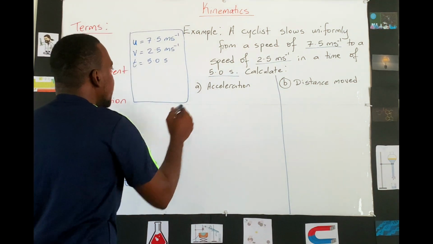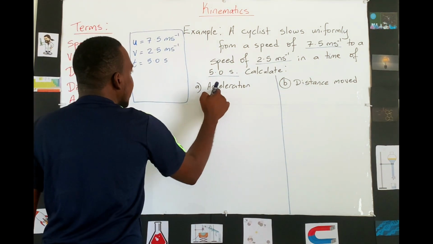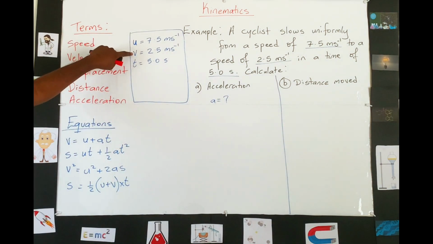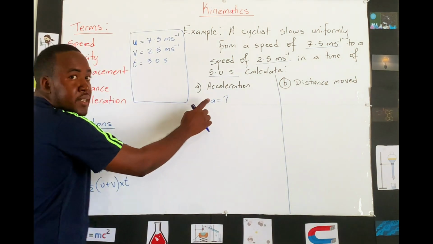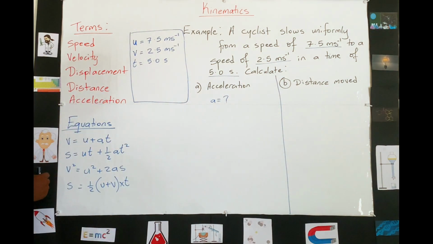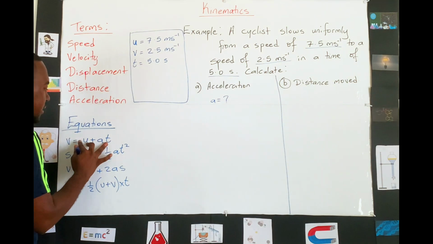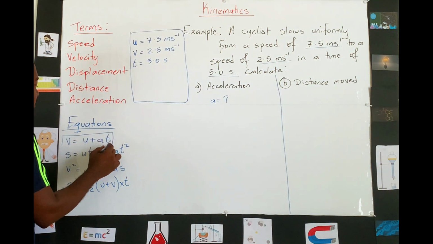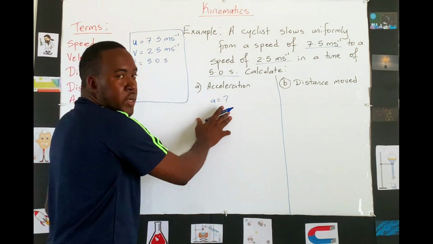Right? So the first thing here is we're going to find the acceleration, which is A. So looking at these, U, V, T, and we need A, we can look at the formulas. This one has V, U, T, and we need A. So therefore we can use this formula here to answer question 1.